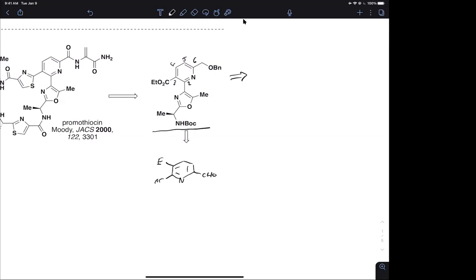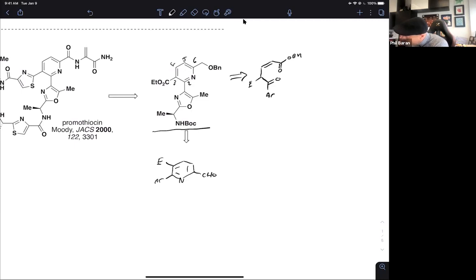Right, fair enough. I guess then, yeah, you could use the Kröhnke synthesis. And how do we make this compound? You said Kröhnke, but I'm going to give you a chance to change that.